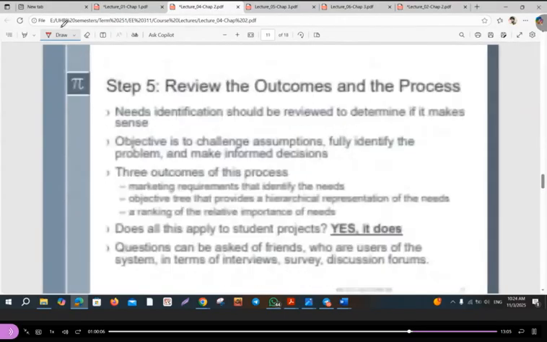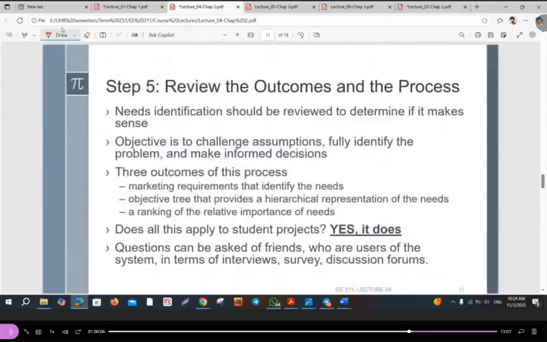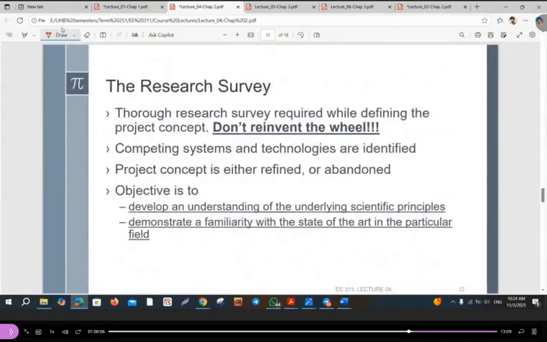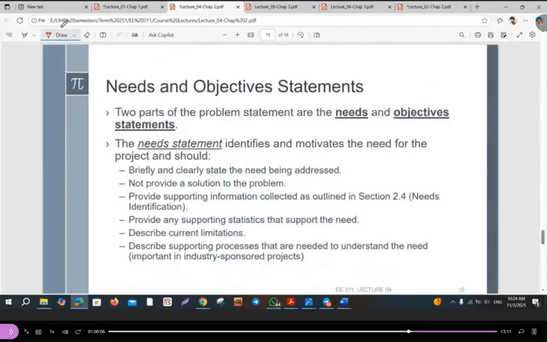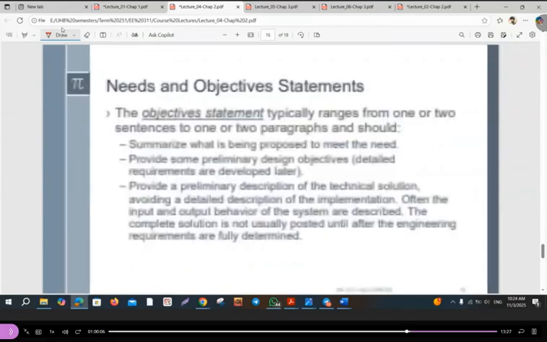One is the need statement, and the second one is the objective statement. So you should know what they are and what they represent. For example, this example talks about a particular iPhone hands-free device design report and how it is fulfilling the need and the objective.